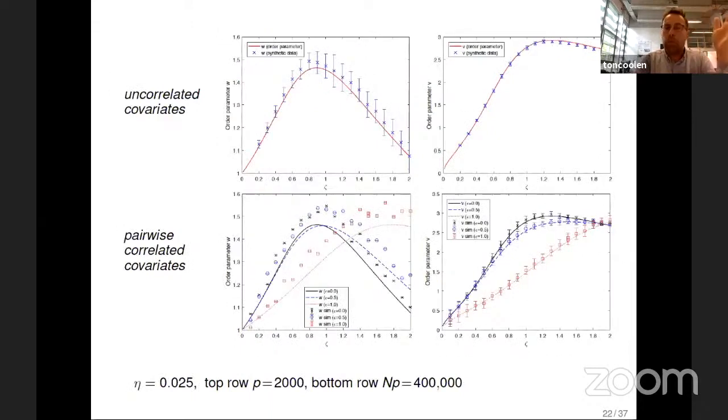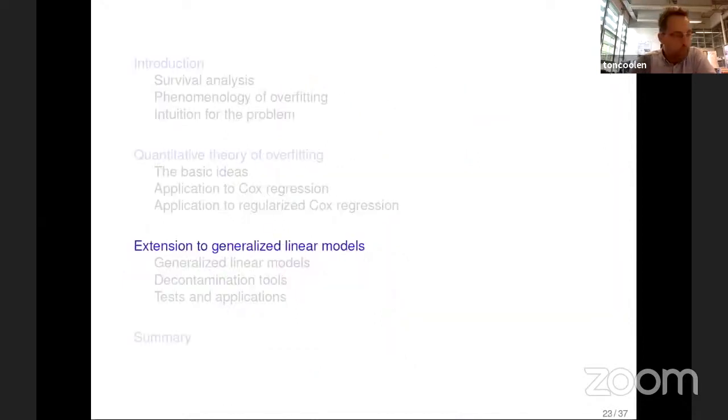And if you compare the predictions in terms of the order parameters with simulations, you see that the agreement is really good, even if you have correlated covariates. Here it looks like there is deviation, but the error bars are also really large because you get large finite size effects.